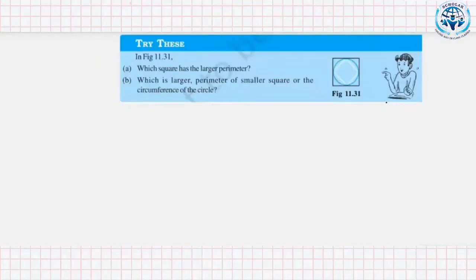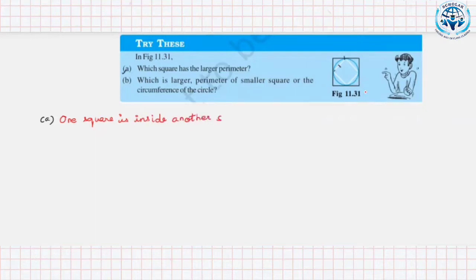Let's solve. Try these. First is, which square has the larger perimeter? You can see the figure. This is the smaller and this is the larger square. So, we can easily see that one square is inside another square.